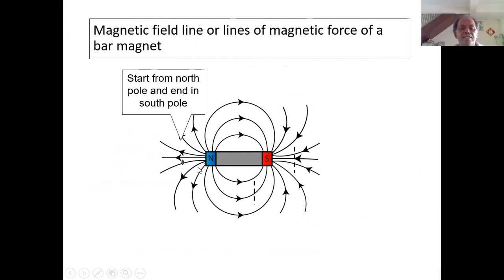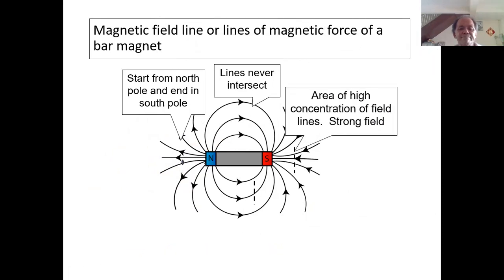It always starts from the north and ends on the south. Remember, it leaves perpendicular to the surface and enters perpendicular. Field lines never intersect, they never catch each other. Where they are close together, we have a strong field, especially near the pole.